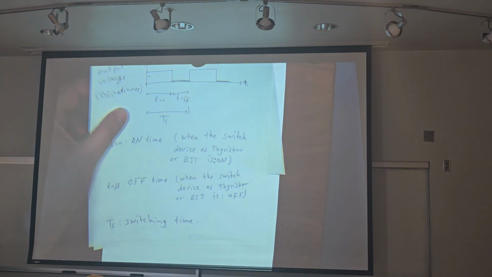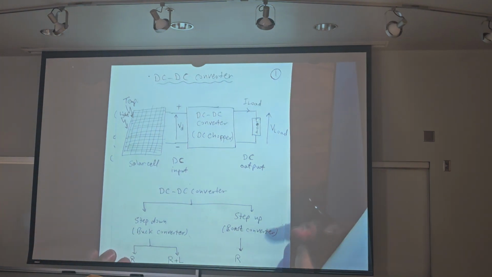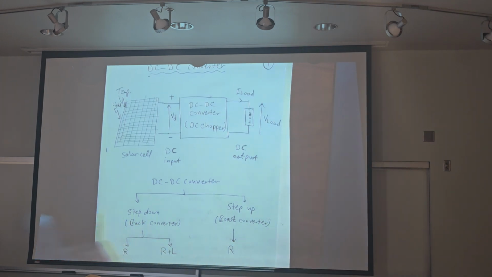Now, we say DC to DC converter is divided into two types, step down and step up. Maybe there is another type, the step down, step up converter.